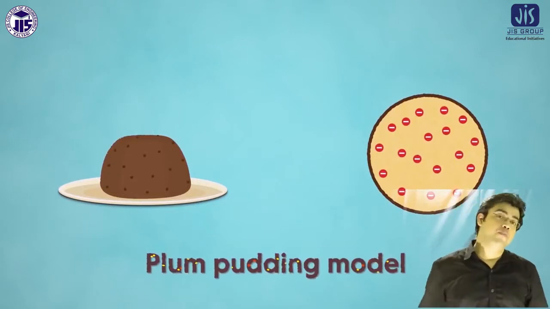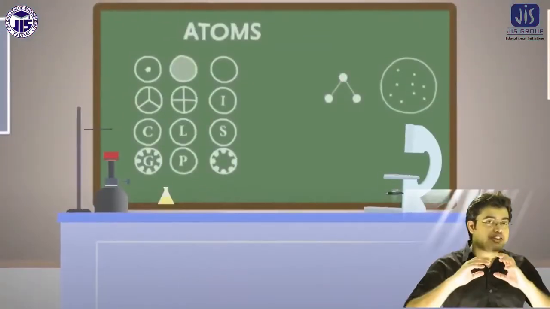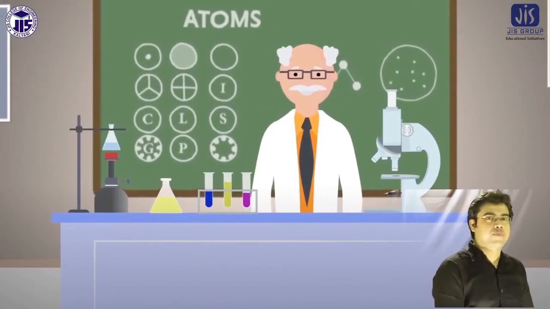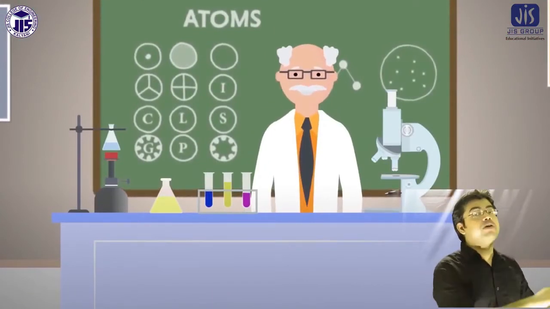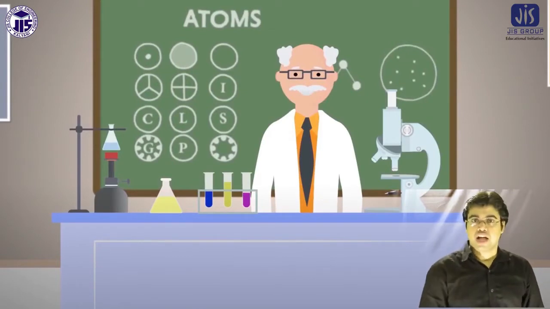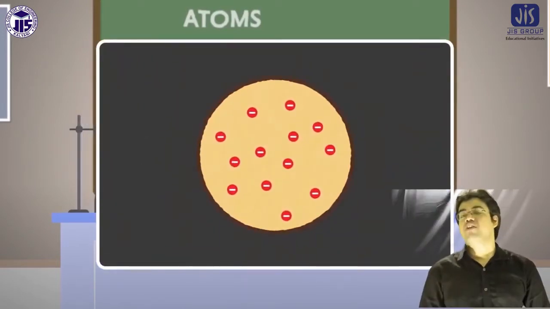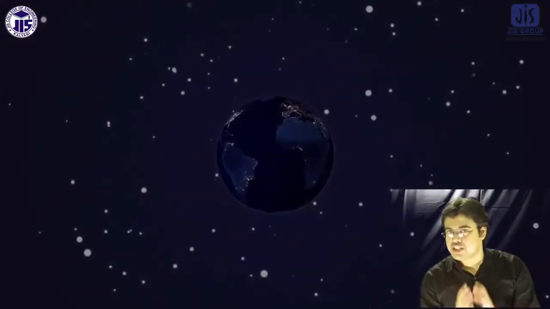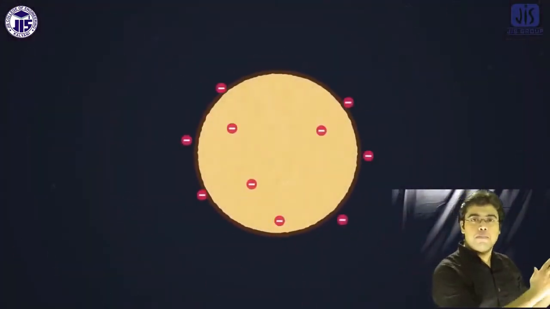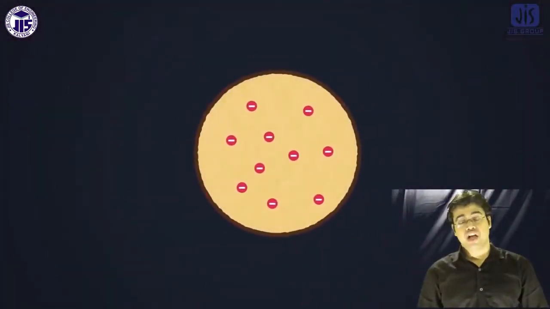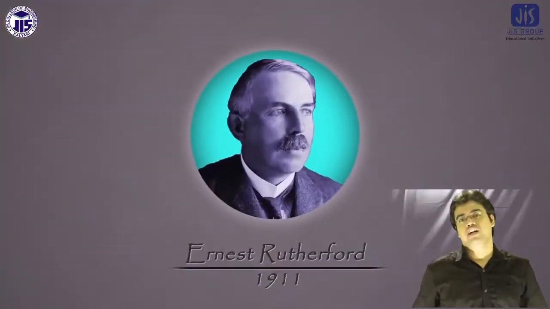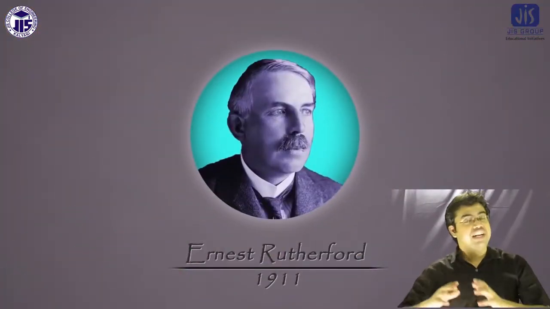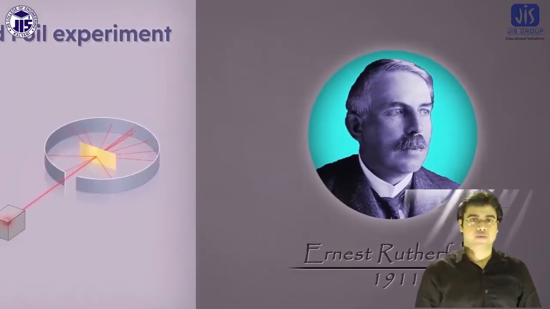That was the plum pudding model, introduced by Thomson. In the plum pudding model, negative charges are embedded in the positive charge. But the experimental results were not satisfactory according to the plum pudding model. So there was a time when it was very much required to introduce a new atomic model.